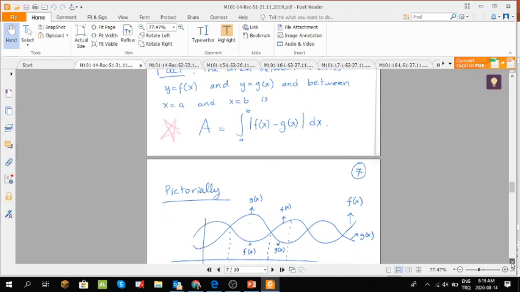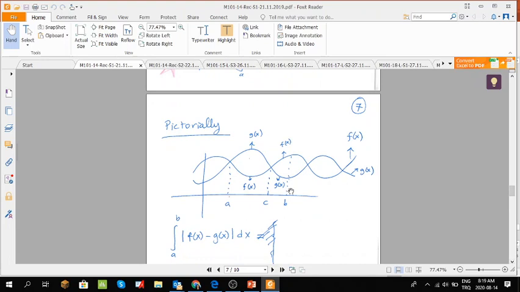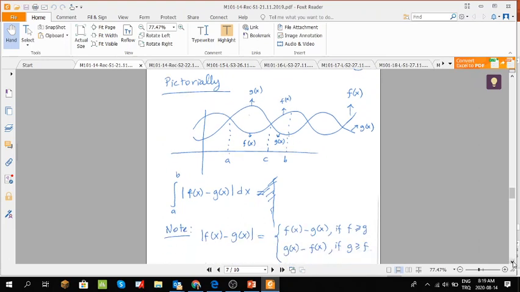Because we don't know, for example, the graph could be like this, interchanging which one is on top and which is on the bottom. So we just put the absolute value. The absolute value guarantees top one minus the bottom one, regardless of whether we know which one is bigger on that interval.